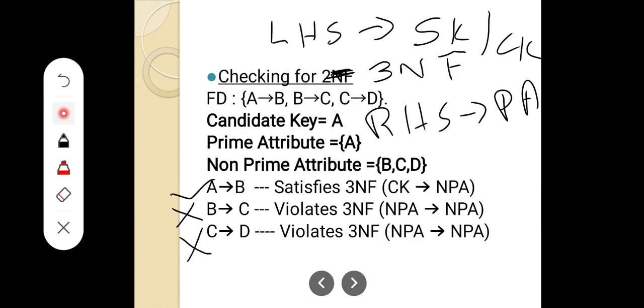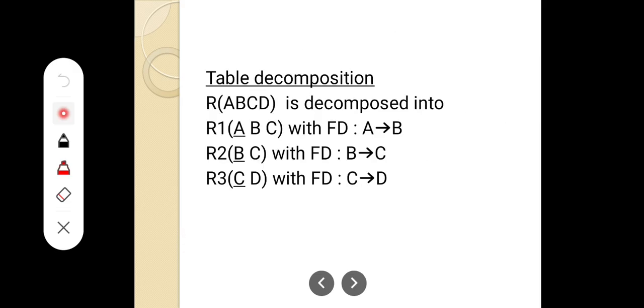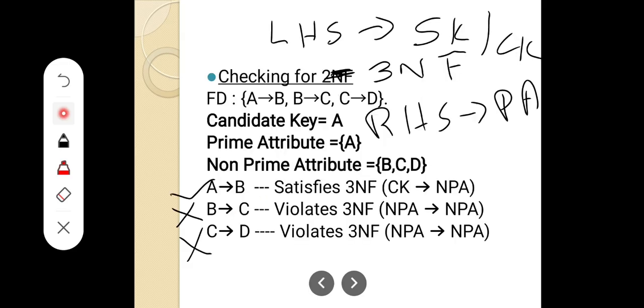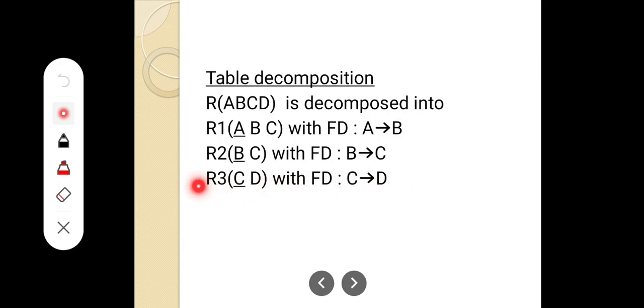Similarly, this is also a violation, so we will create a new relation R3 with the attributes C, D, with the functional dependency C determines D. This is our next relation. Here also we have made C a candidate key or super key, and a candidate key determining a non-prime attribute is a true condition for 3NF.